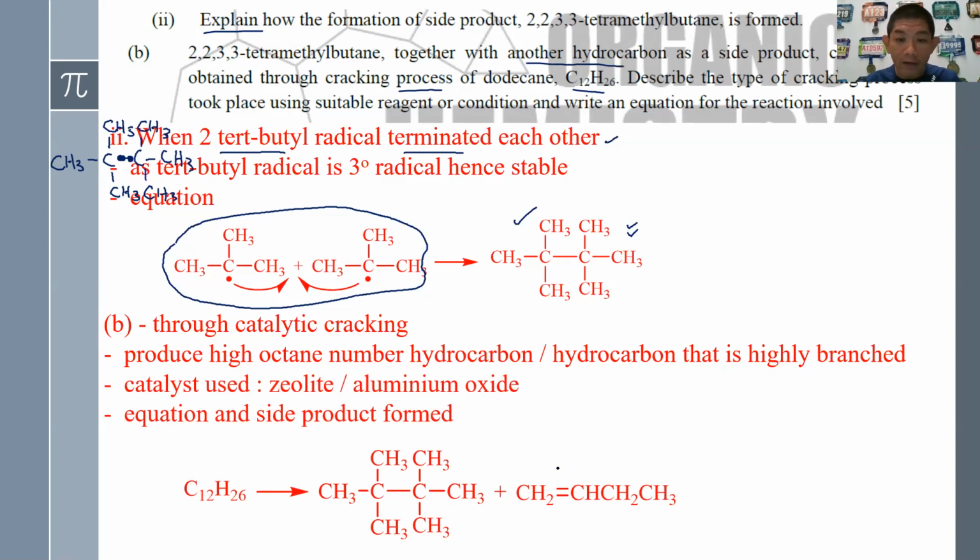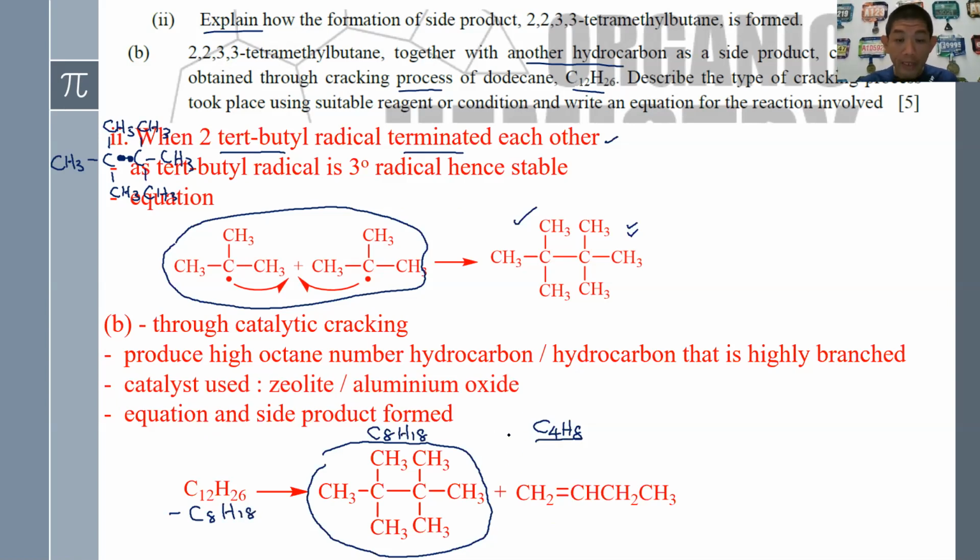The other hydrocarbon, as long as it is C4H8, is correct. Because if you calculate properly, altogether this molecule is already C8H18. So what is the expected side product here? You subtract mathematically: C12H26 minus C8H18, so you have C4H8.